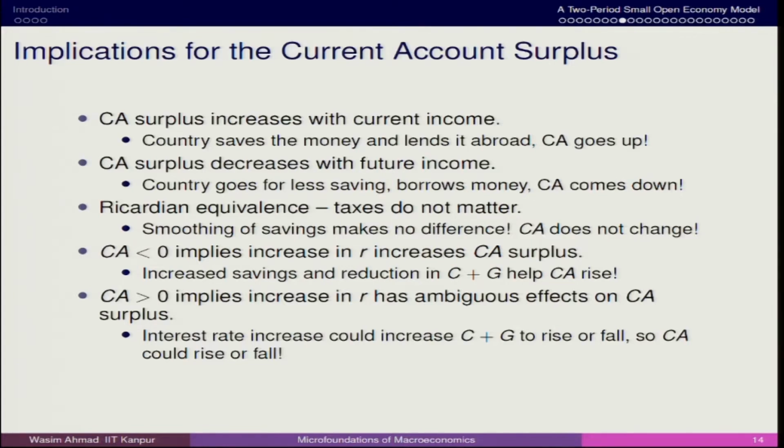In consumption, we had already discussed that if current income increases, individuals would like to save. So, in the context of the open economy at the country level, what does it imply? It implies that the country will be saving, because the country expects that income is increasing in the current period.